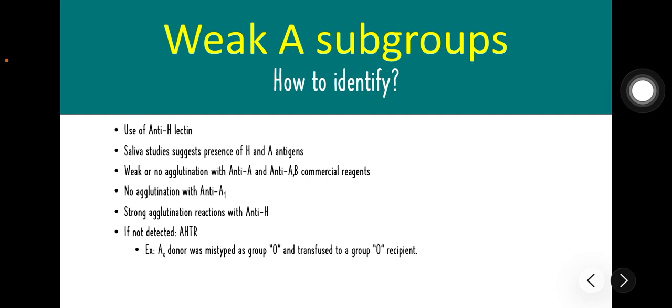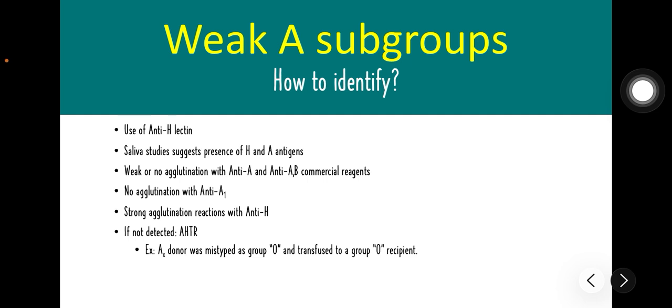For anti-A1 lectin, your weak A subgroups will react negatively, confirming they are not A1. For anti-H lectin, because weak A subgroups convert very little H antigen into A antigen, they have an abundance of H foundation. So these cells will react very strongly, 3 plus to 4 plus grading, with anti-H, similar to group O cells.